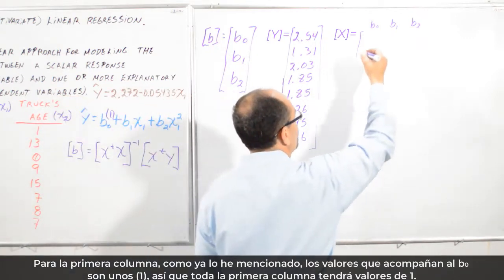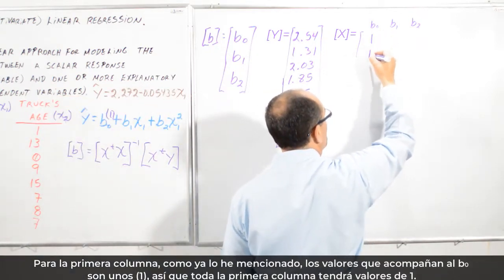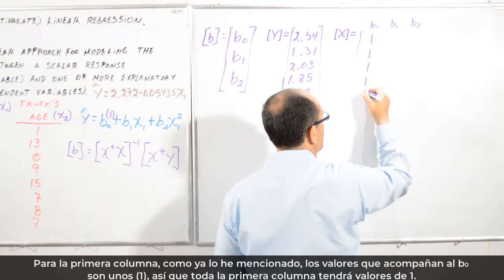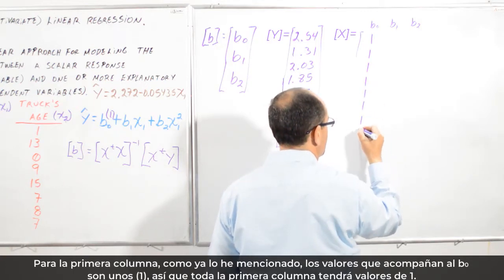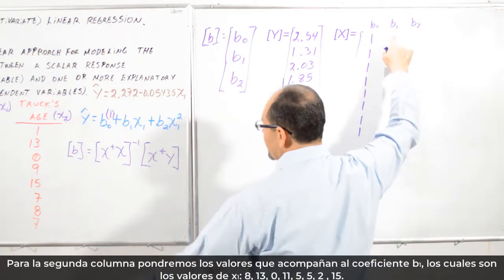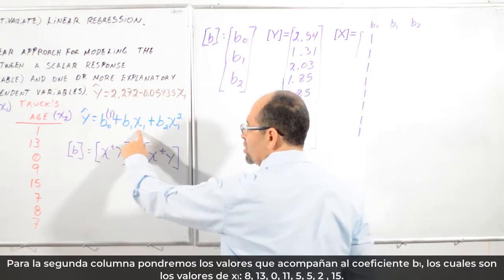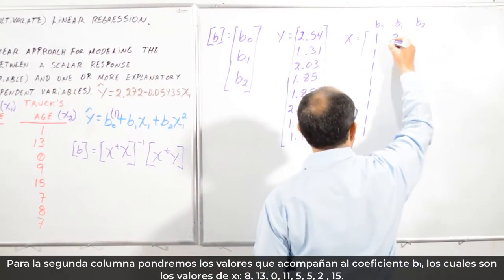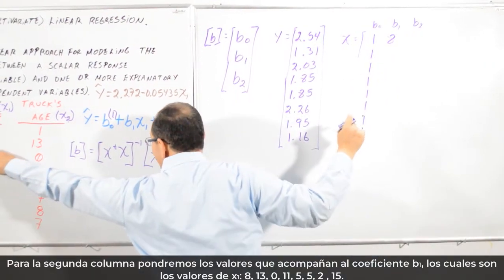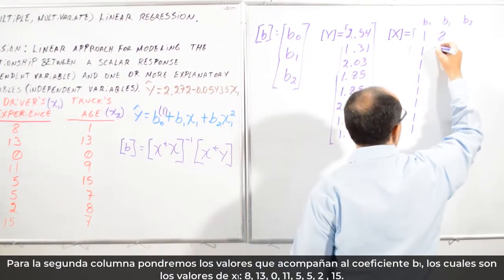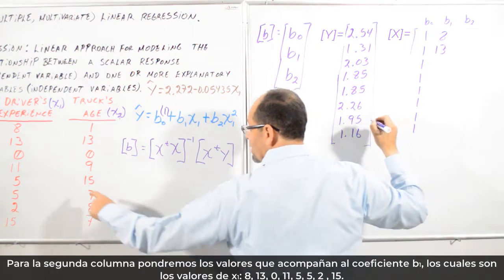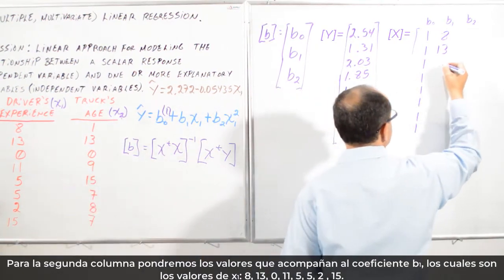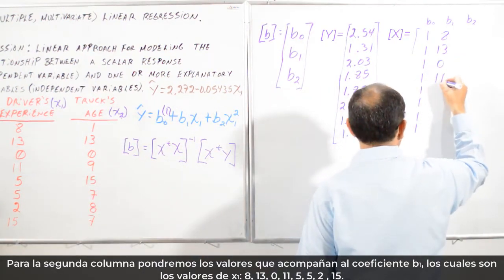Then it will be 1 here, 1, 1. For B1, it will be x1, which is 8, 13, 0, and so on.